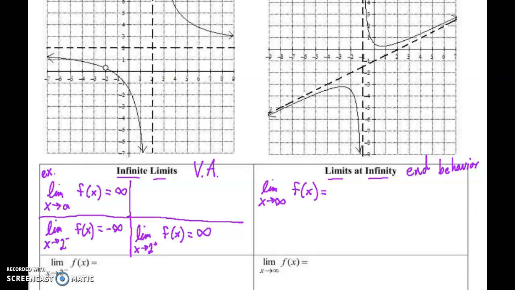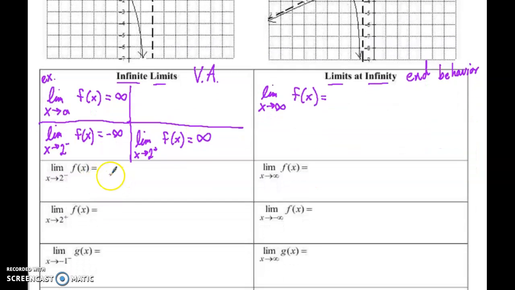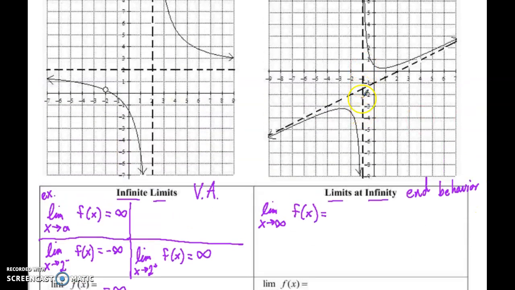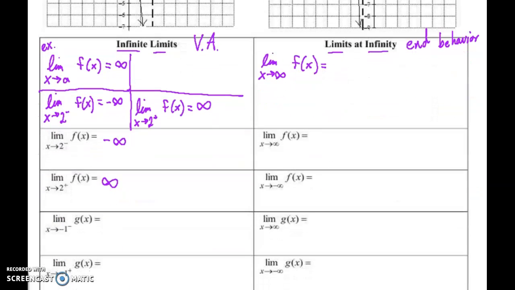I guess I have all these answers down here. I guess I didn't even realize I was just rewriting myself. And then if we look at g of x, -1 on the left side is going infinitely down, so negative infinity, and -1 on the right is going infinitely up.